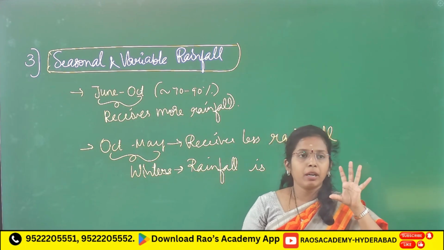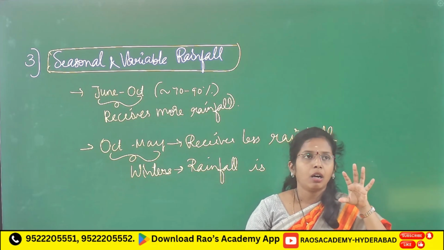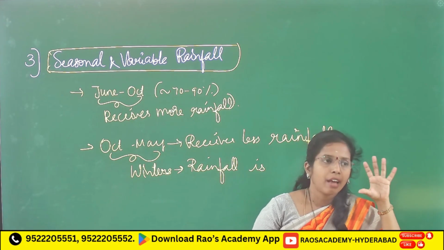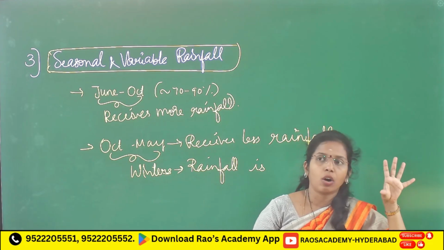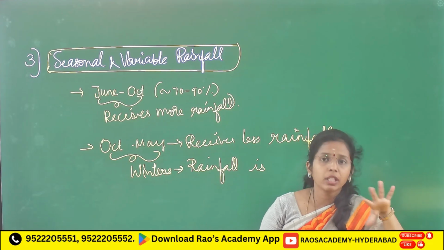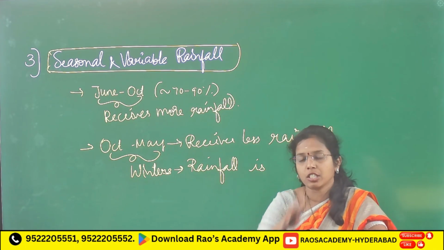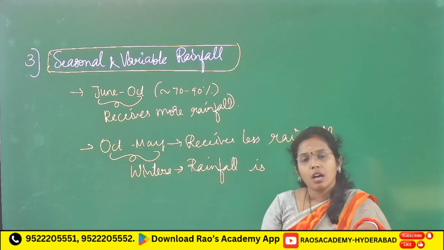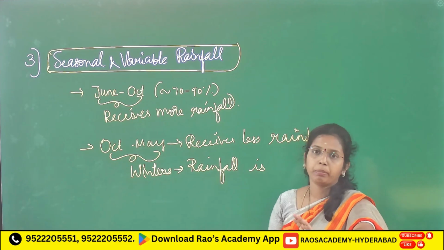For example, in prelims PYQ questions, if you analyze them, they have interlinked solar flares with climate and solar dust storms with satellite communication. Like that they have interlinked rainfall with soils and even vegetation also. And if you take GS mains questions, every time they interlink Indian geography with economic perspective.